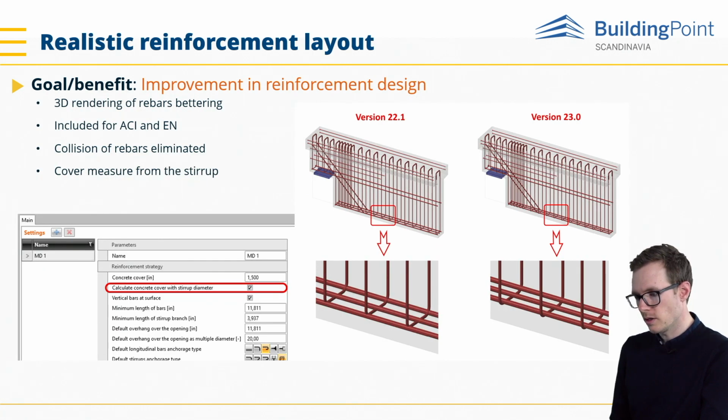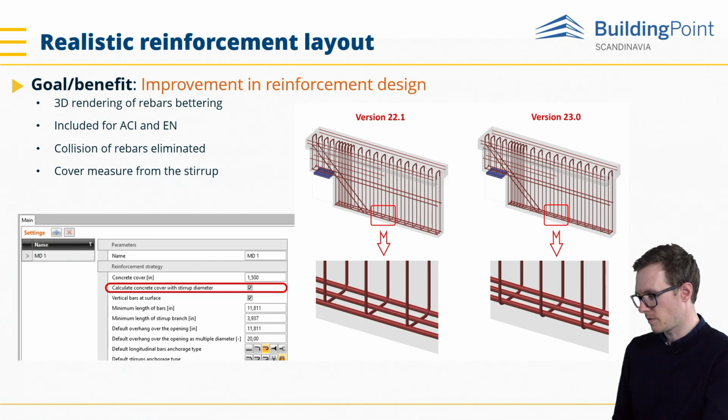There's also a more realistic reinforcement layout. Concrete cover improvement: generally, when the beam element is modeled, concrete cover for longitudinal reinforcement can be calculated considering the biggest stirrup diameter.